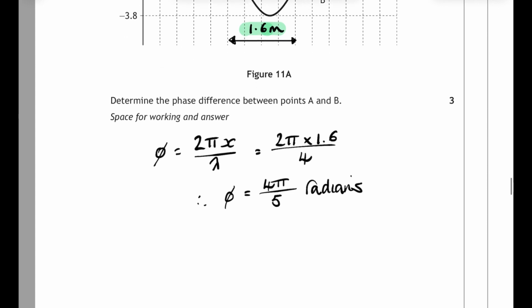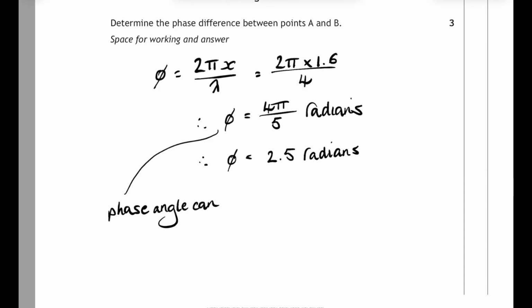Now you can leave your answer like that, because there's exactly 2 pi radians in one wavelength of the wave, so it's okay to leave your answer in terms of a fraction of pi radians. If you would rather convert it into a decimal, you can do that as well, and that's 2.5 radians. But phase angle or phase difference can be left as a fraction of pi.